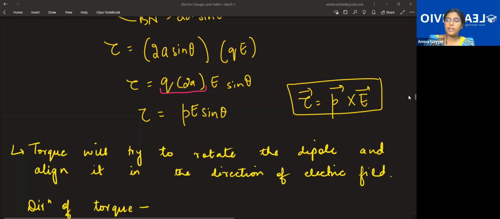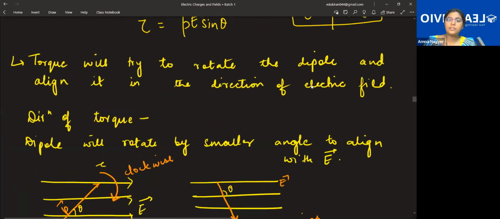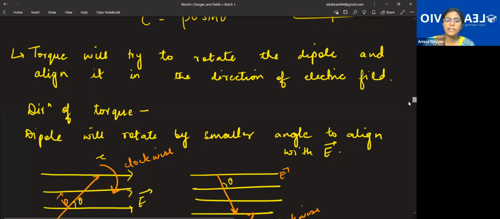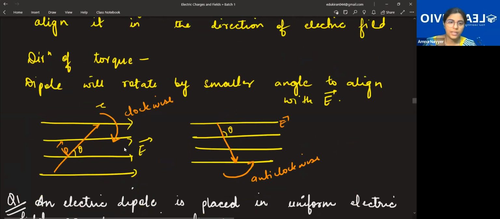So torque will try to rotate the dipole and align it in the direction of electric field. Direction of torque, dipole will rotate to a smaller angle. See, just understand. Direction of torque is the same.